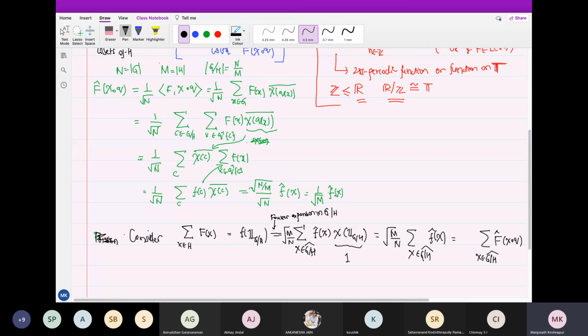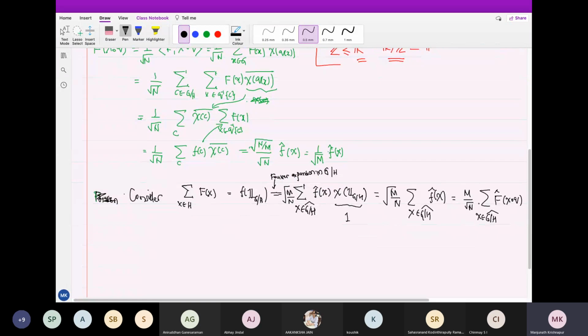So then I get m over... it looks a little weird to me. I wonder if I made a mistake. It seems okay. So this is square root m times that, so I get m over square root n. Looks okay. Maybe that is the right one.